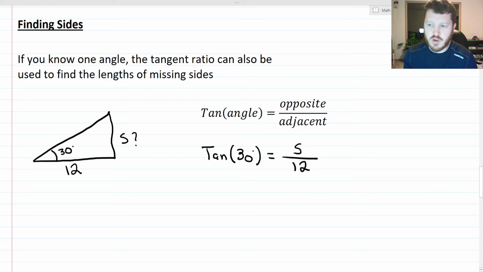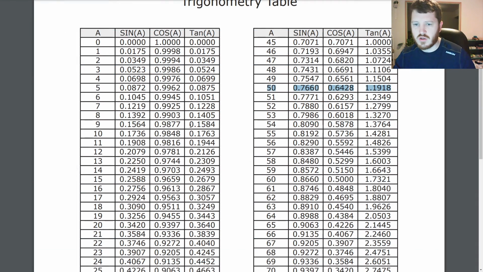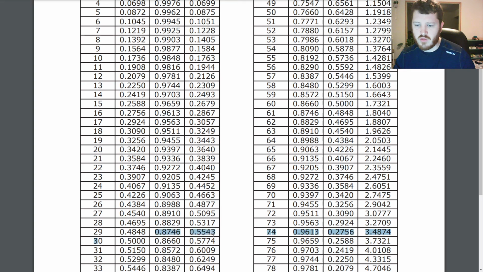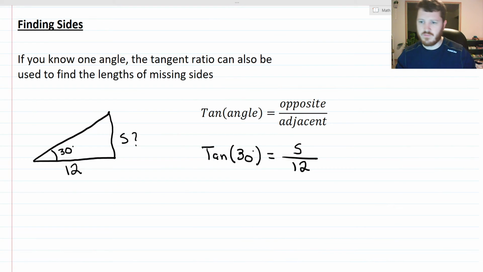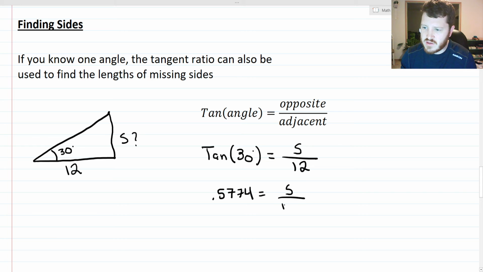So it's a 30-degree triangle, so we know what that ratio is. We can look it up. If we go to our chart, 30 degrees, the ratio should be .5774. So this should equal .5774, and this is S over 12.